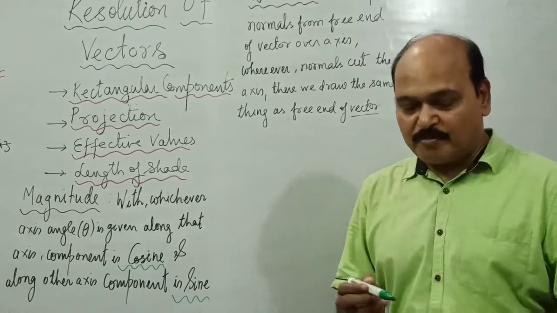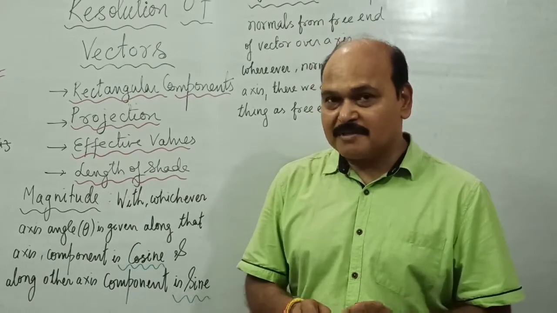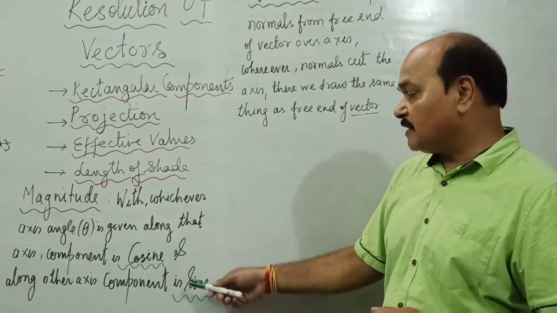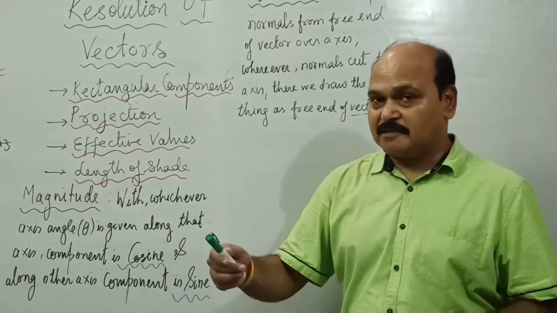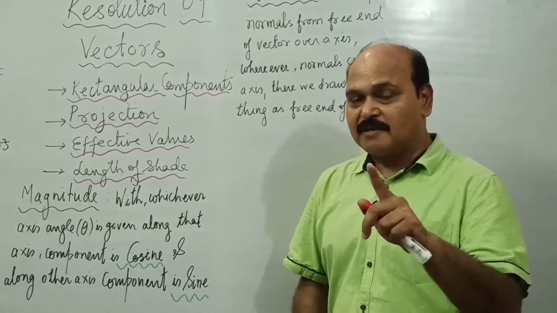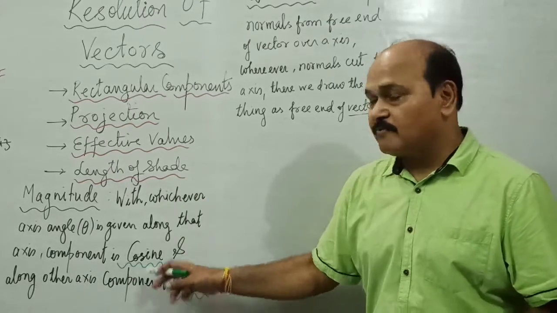So the two components, one is cosine, other is sine, are the components, one along the angle, other in the perpendicular directions. This is general conclusion with regard to magnitude.